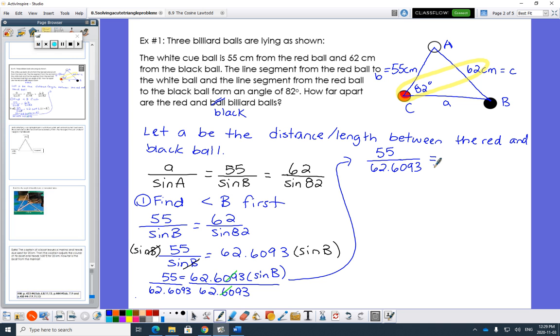Again, maybe you're good with just going right ahead and doing that math. You can also rewrite it.